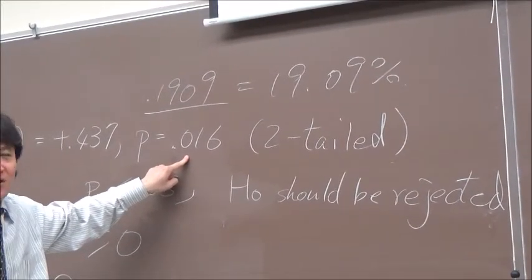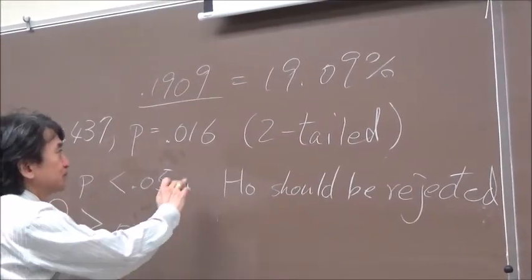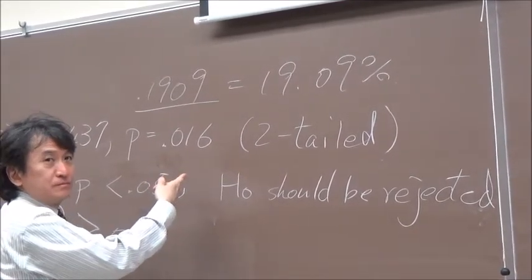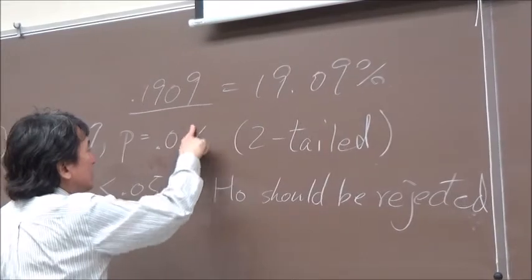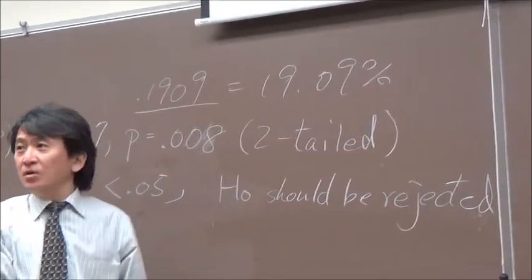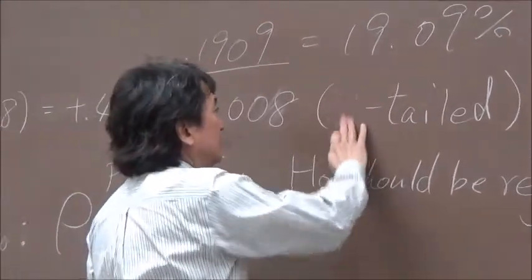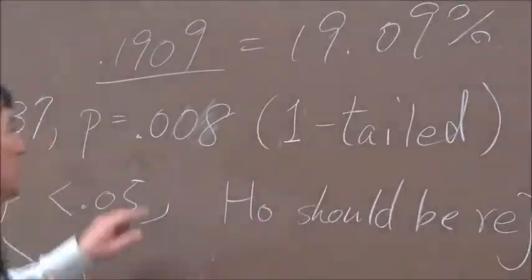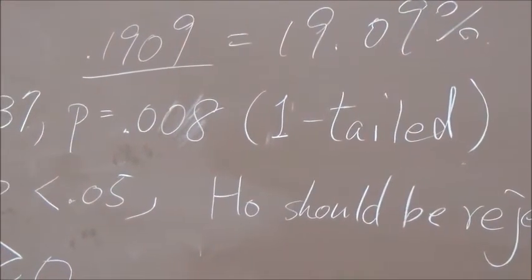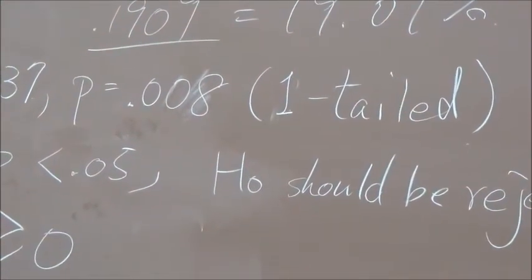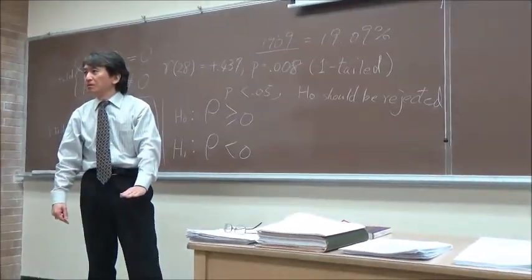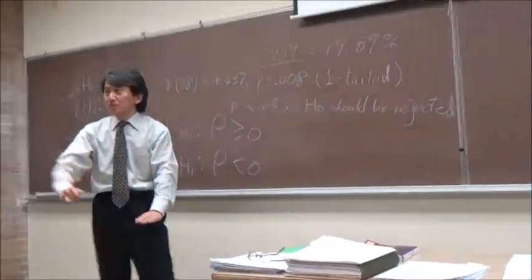Divided by 2, so 0.008. Exactly, 0.008. Significance decreased, which means that one-tailed tests have more power. That's why significance decreased, which means more significant. Does it make sense?